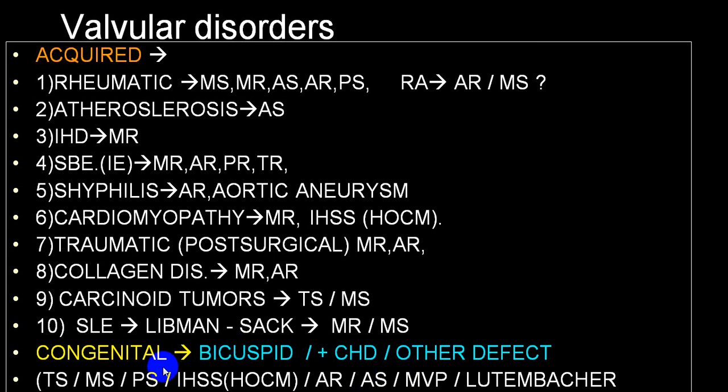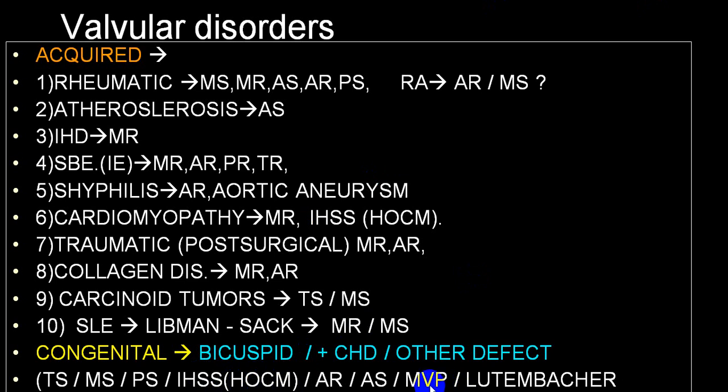These two are congenitally defective bicuspid valves, or you can have tricuspid stenosis, mitral stenosis. You can have infundibular or subvalvular aortic stenosis, called idiopathic hypertrophic subaortic stenosis, also described as HOCM, hypertrophic obstructive cardiomyopathy.